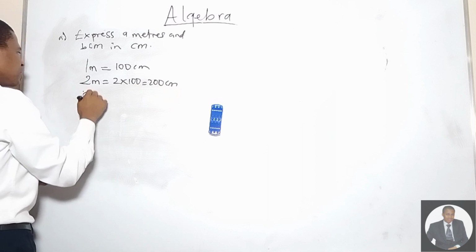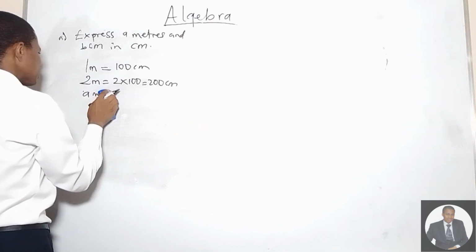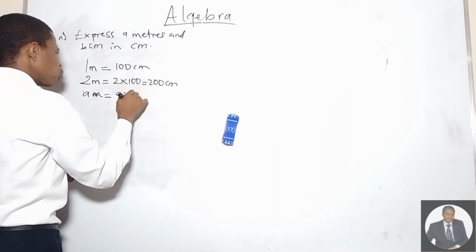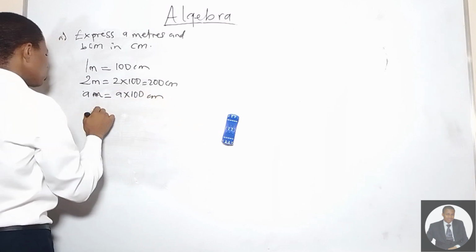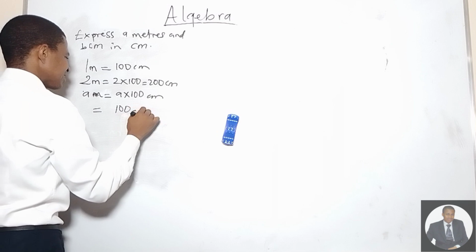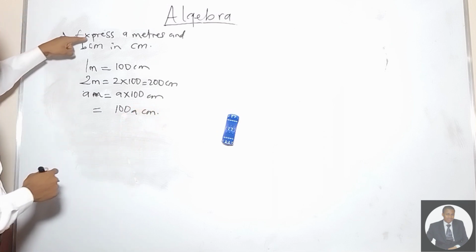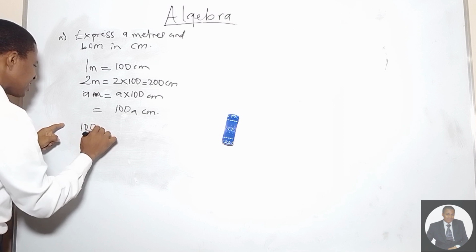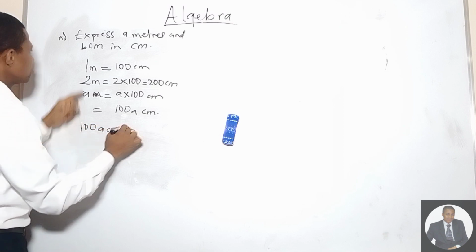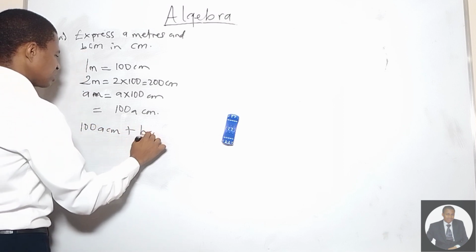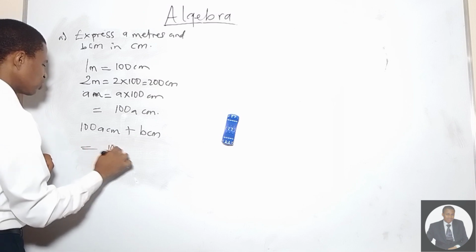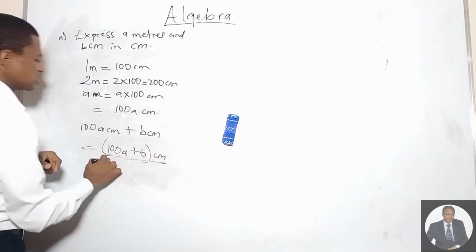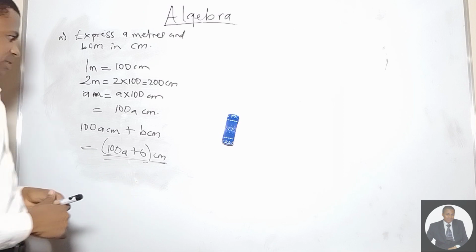So a meters will be a times 100 centimeter, which will be 100a centimeter. So if we express a meters as 100a centimeter, then plus b centimeter, all will give us 100a plus b, all in centimeter. This would be our answer.